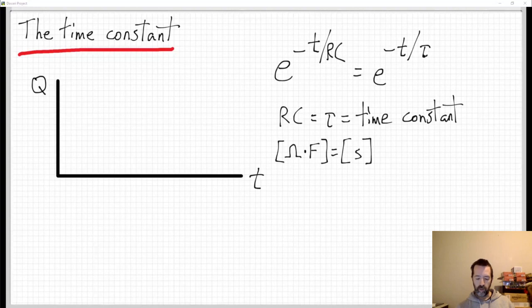So we know that RC is some amount of time. The question is how much time? What's the significance or the meaning of this time? It can't be the amount of time that it takes for the process to finish, because according to this model, the process asymptotes, so it takes an infinite amount of time.